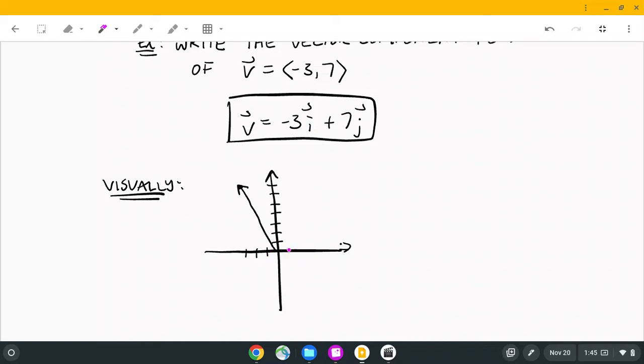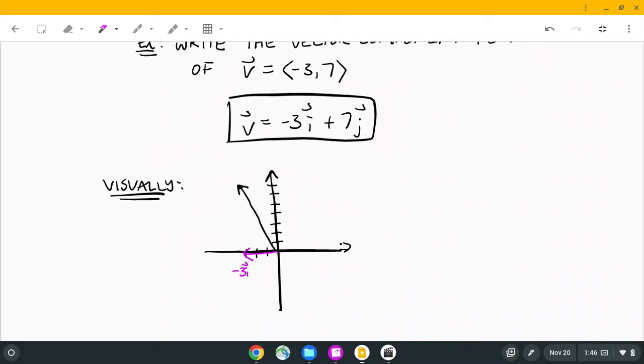That unit vector from 0 to 1. But if we multiply that unit vector, the one that goes like this, by negative 3, then it ends up going this way to negative 3, right? So this here is the negative 3i.